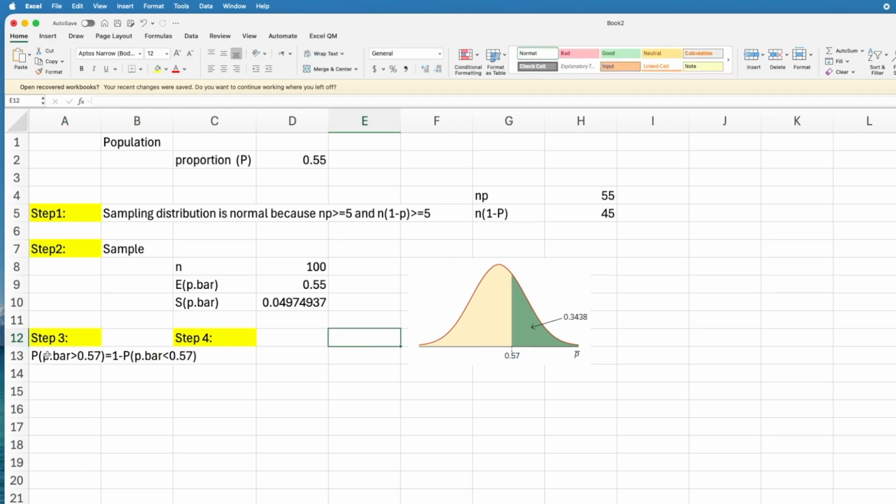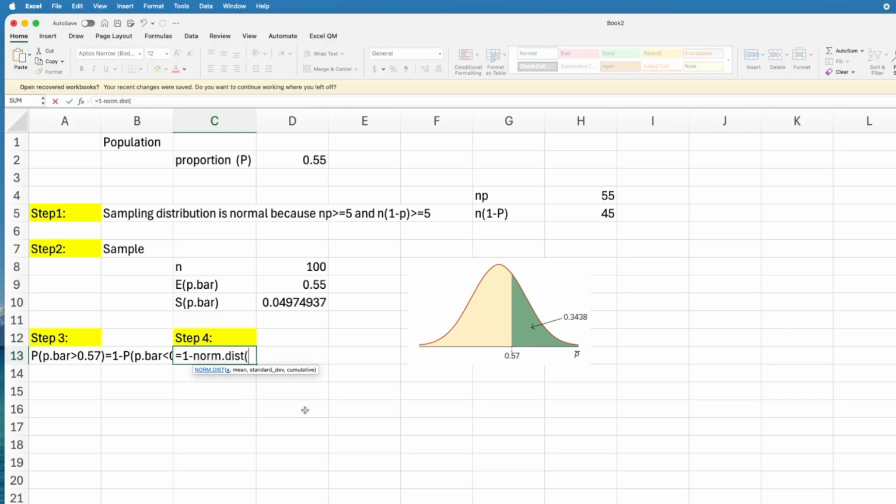The area under the curve is 100%, or 1. 1 minus the yellow area gives us the green area. In other words, the probability of p-bar more than 57 is 1 minus the probability of p-bar less than 57. So I can use 1 minus NORM.DIST of 0.57, the mean of the sampling distribution, the standard deviation, and TRUE.